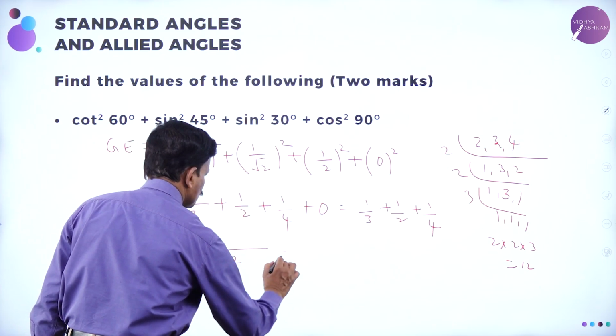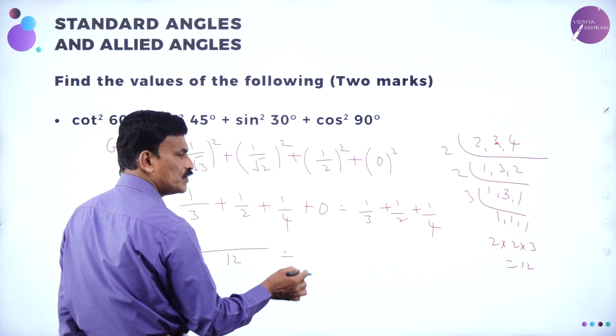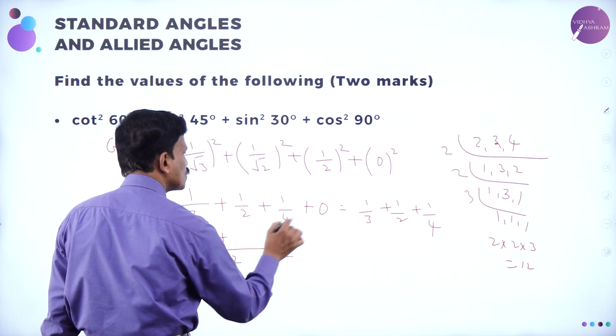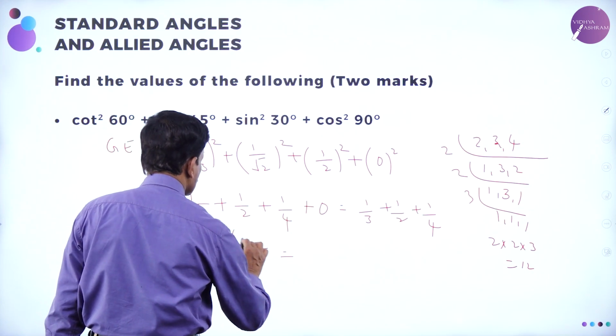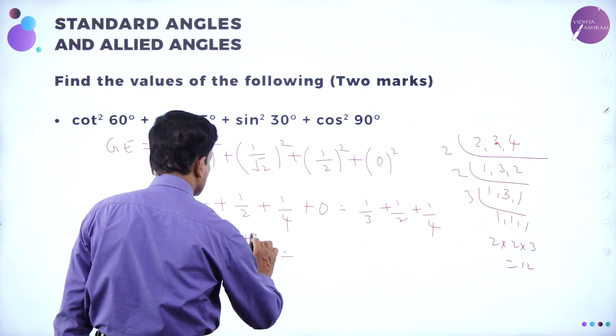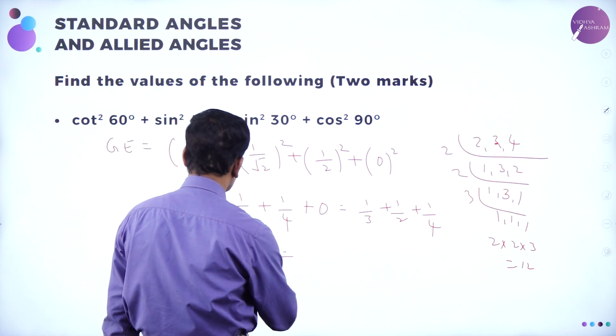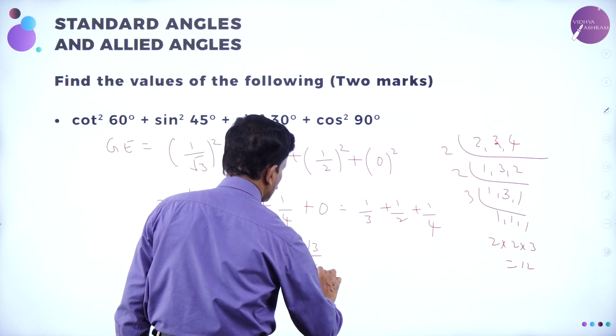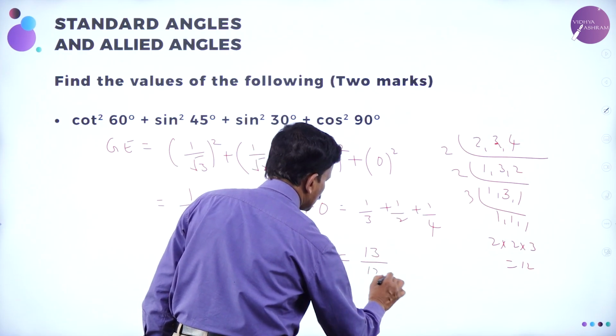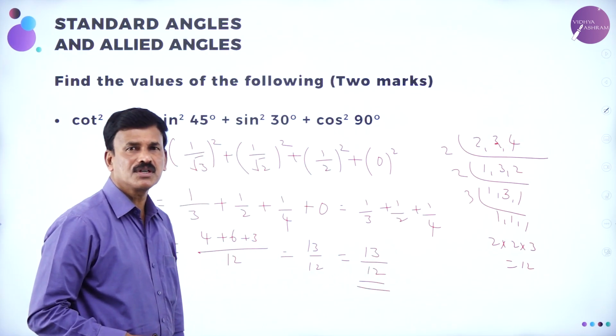If you divide 12 by 3, it will cancel 4 times. So 12 by 2 is 6, plus 12 by 4 is 3. So 4 plus 6 is 10, plus 3 is 13, divided by 12. So the required answer is 13 divided by 12.